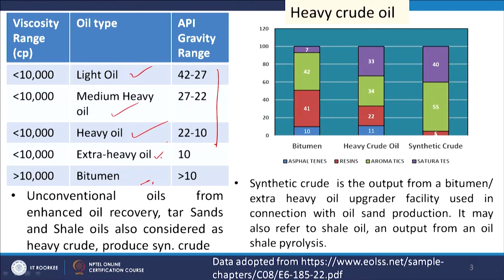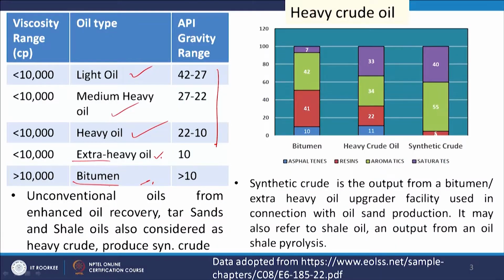So, both conventional and unconventional types of crude sources are there. So, we can get synthetic crude oil even from these sources like tar sand and bitumen and oil shale. So, we can get crude oil from this and that can be processed. So, how we can do it, that we are going to discuss.